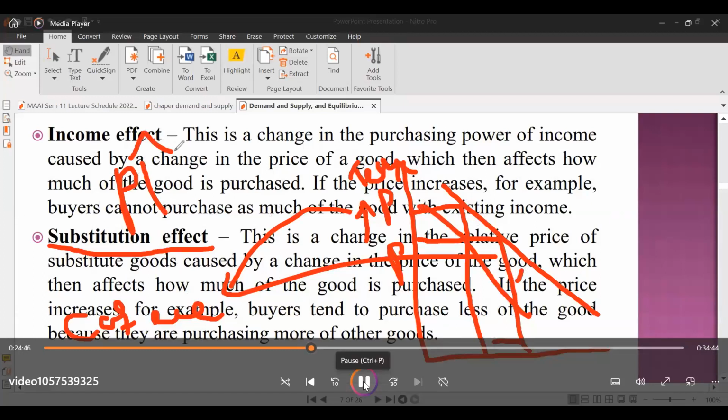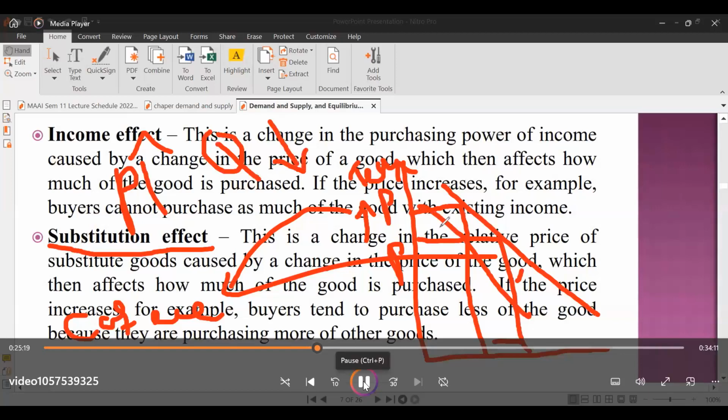That's why when the price of tea increases, what will happen? Those who are consuming tea will shift to the coffee market. Therefore, the quantity demanded of tea will reduce. Those consuming tea will seek out some sort of substitutes.